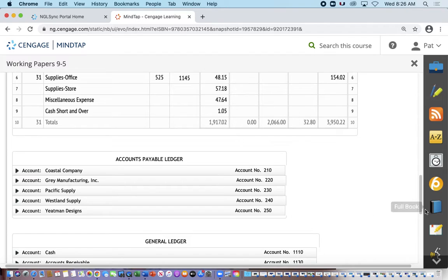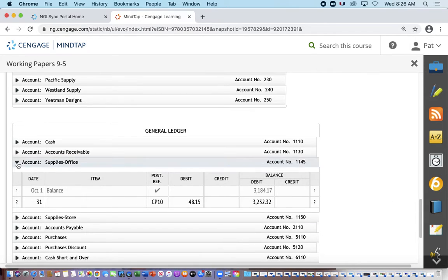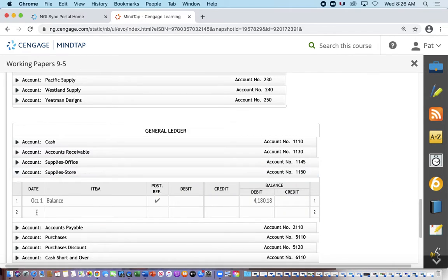Supply store is 5718. Again, the 31st. Again, cash payments 10. It's a debit to the store for $57.18. You have a debit balance of $4,180.18. You add the $57.18, and I'm in supplies store.